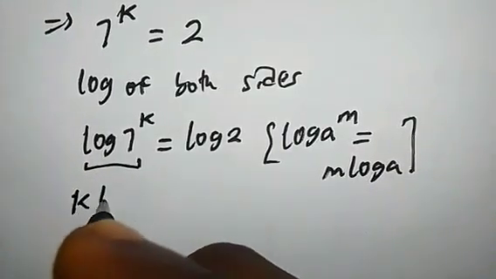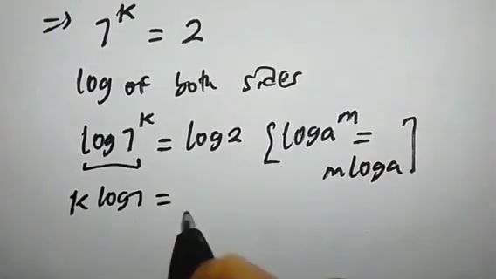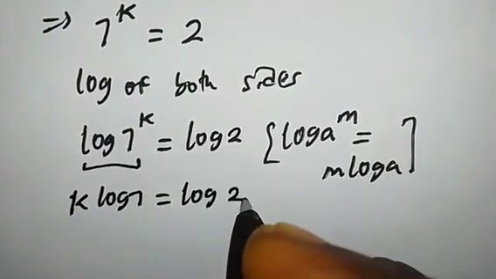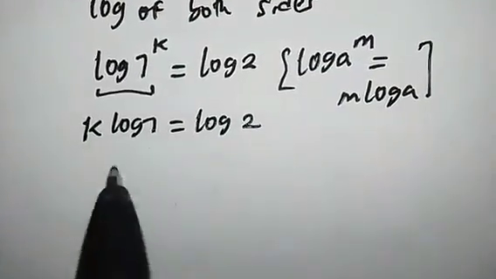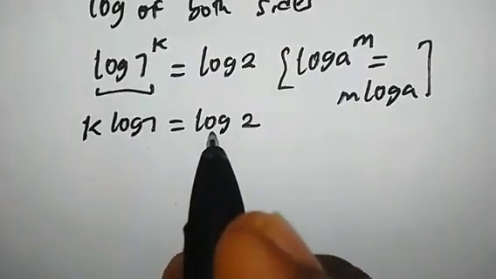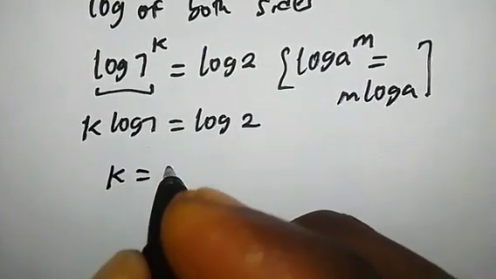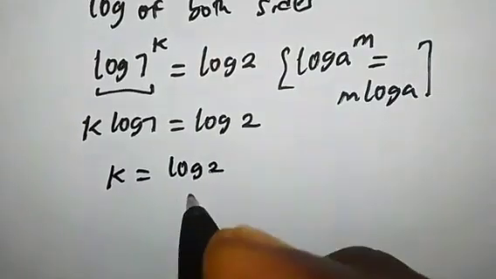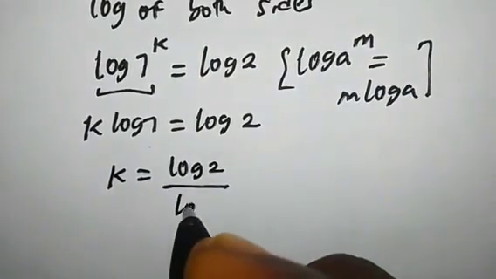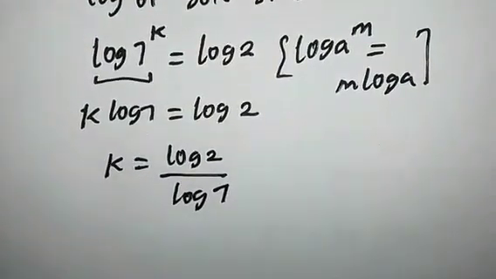We have k times log 7 equal to log 2. Divide both sides by log 7. What do we have? We have k equal to log 2 divided by log 7.